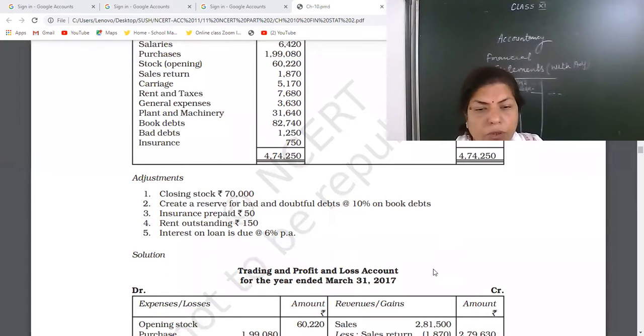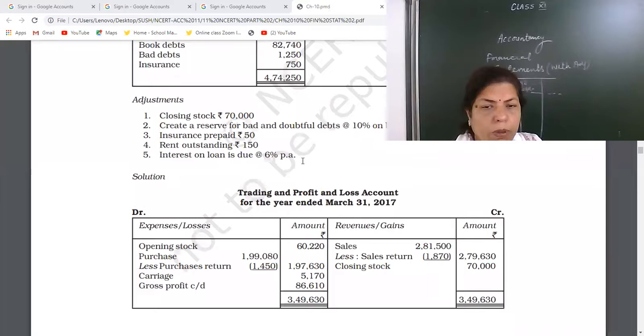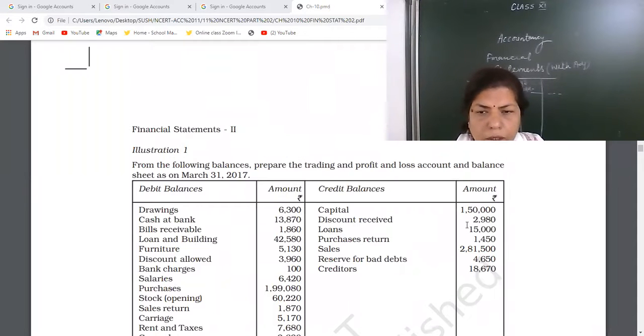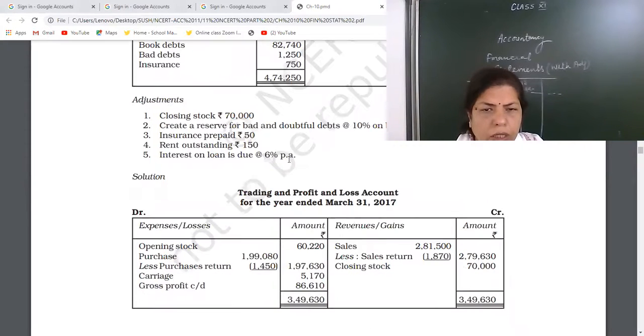Now interest on loan 6% per annum. See my dear children how to calculate. See, loan amount is 15,000. Now 15,000 into 6% means into 6 by 100.